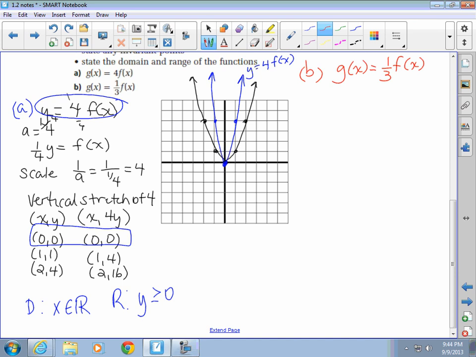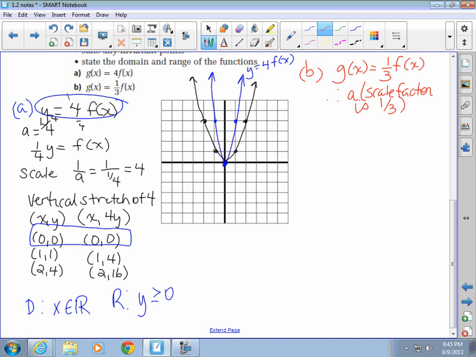The a needs to be in front of there, but because we've moved it over already, we know that our scale factor is just going to be whatever we're multiplying to that function of x. So therefore, our a, or scale factor, is 1/3.